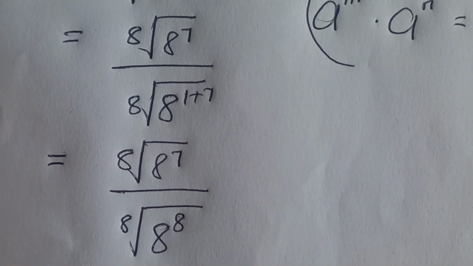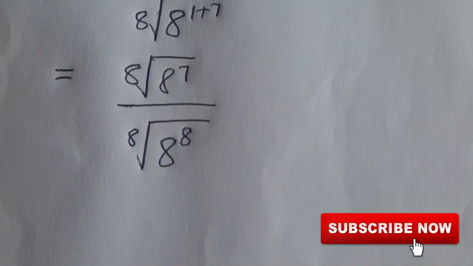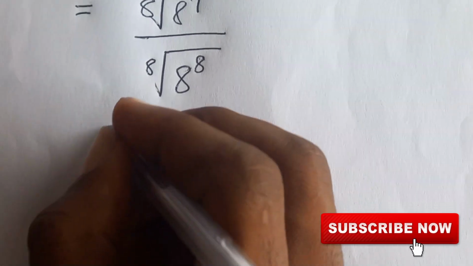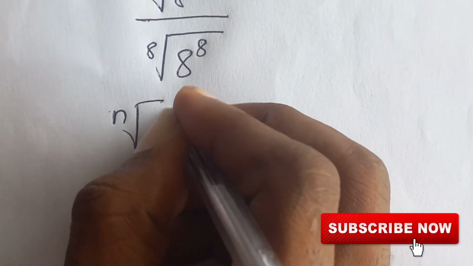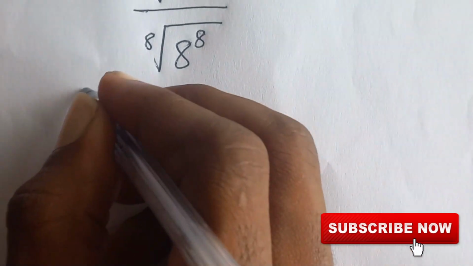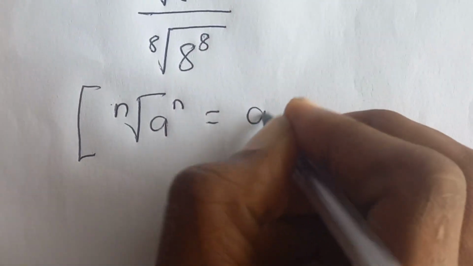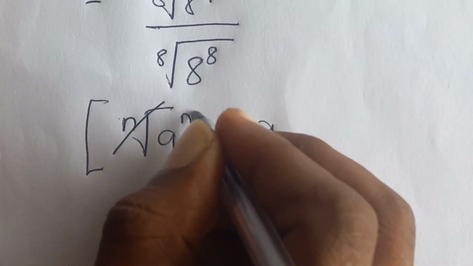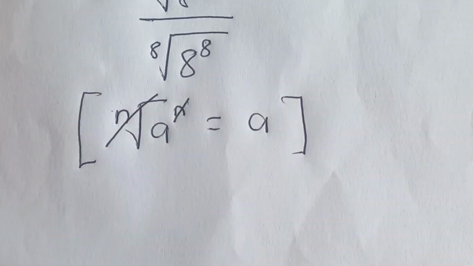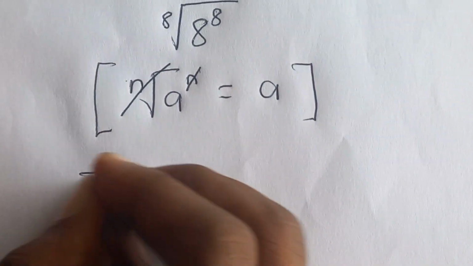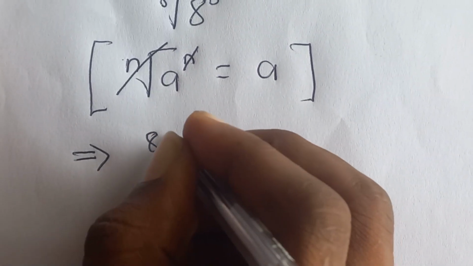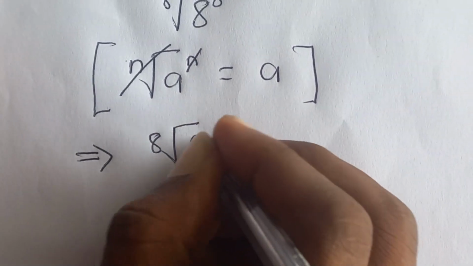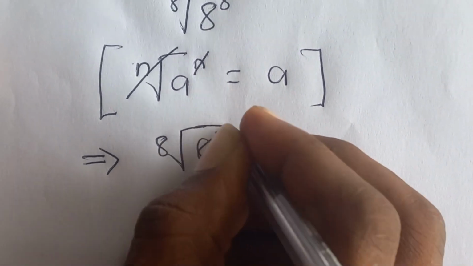Okay, and now we have the nth root of a^n is equal to a, because this will cancel this, leaving a. So our expression is going to be the 8th root of 8^7, like this.